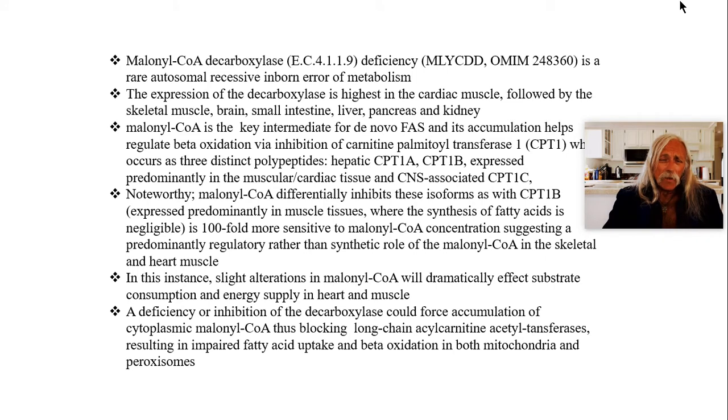A deficiency or inhibition of the decarboxylase could force accumulation of cytoplasmic Malonyl-CoA, thus blocking long-chain acylcarnitine acetyltransferases, resulting in an impaired fatty acid uptake and beta oxidation, in both mitochondria and the peroxisome. Okay, so that's not a good thing to have a deficiency in, especially in some organ systems.